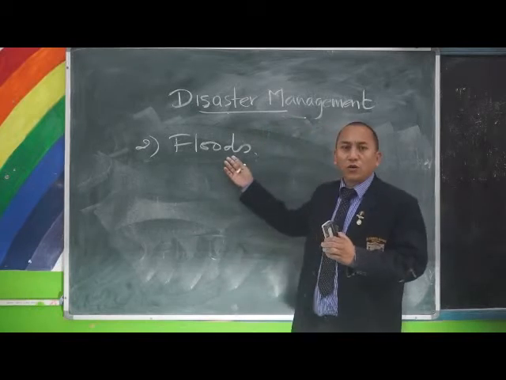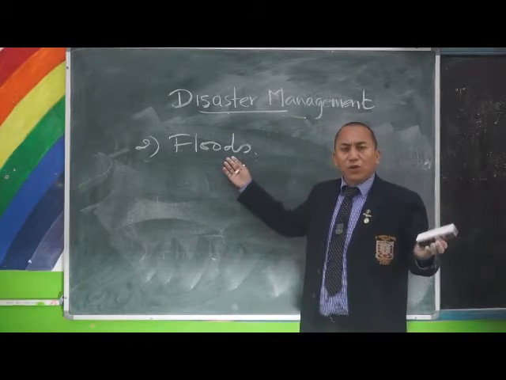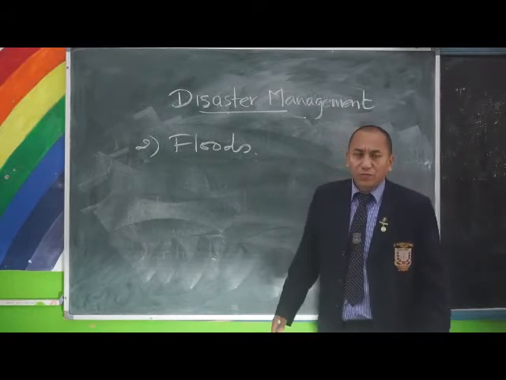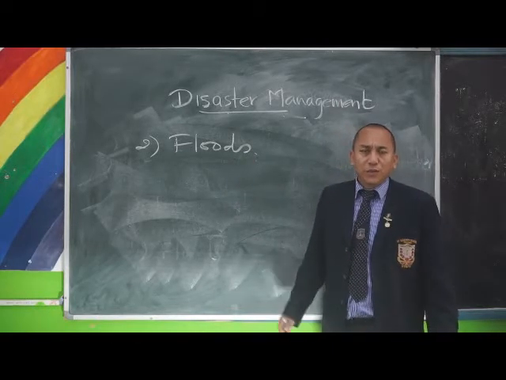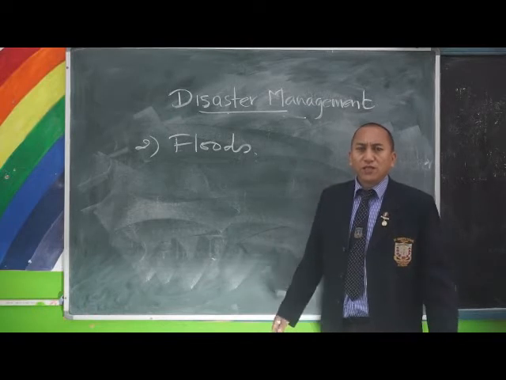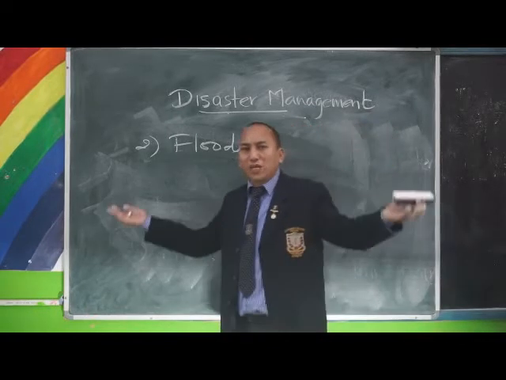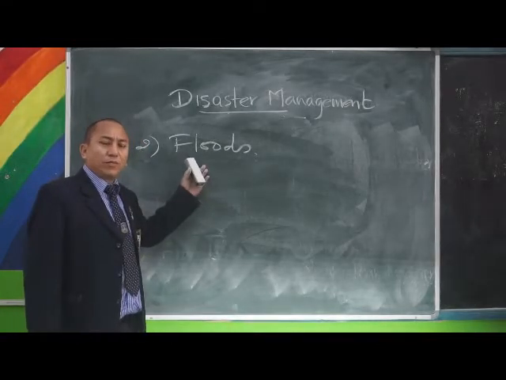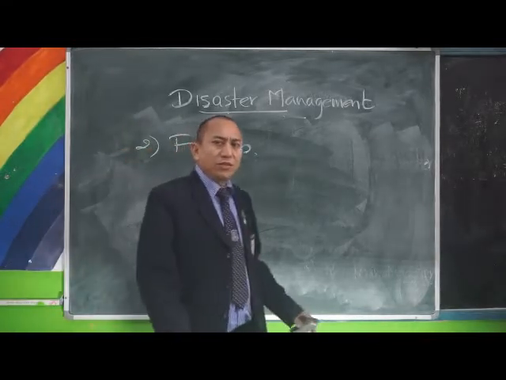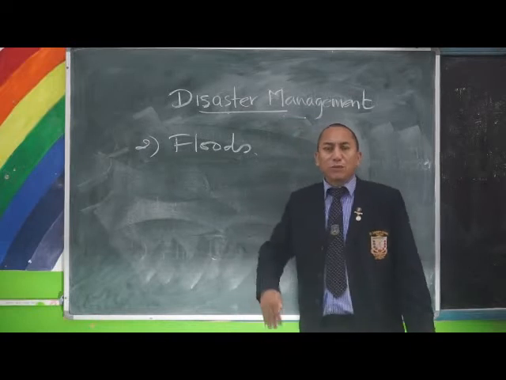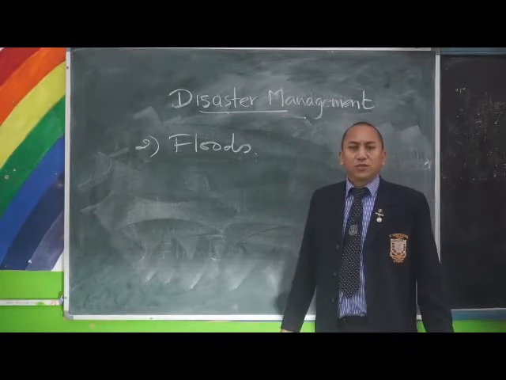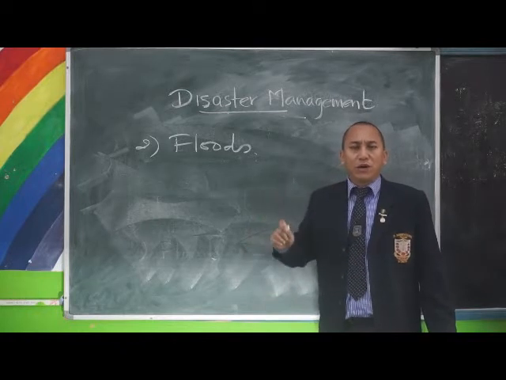See? Warnings. We can also control floods by repairing and maintaining the riverbanks properly, so that the rivers don't spill out onto the lands. Maintaining the riverbanks by building protective walls, so that the damage can be minimized.